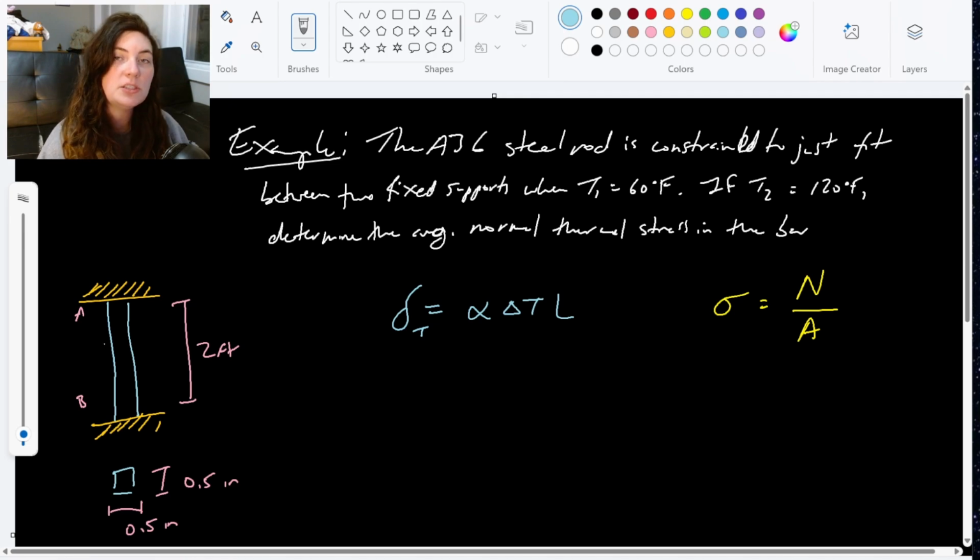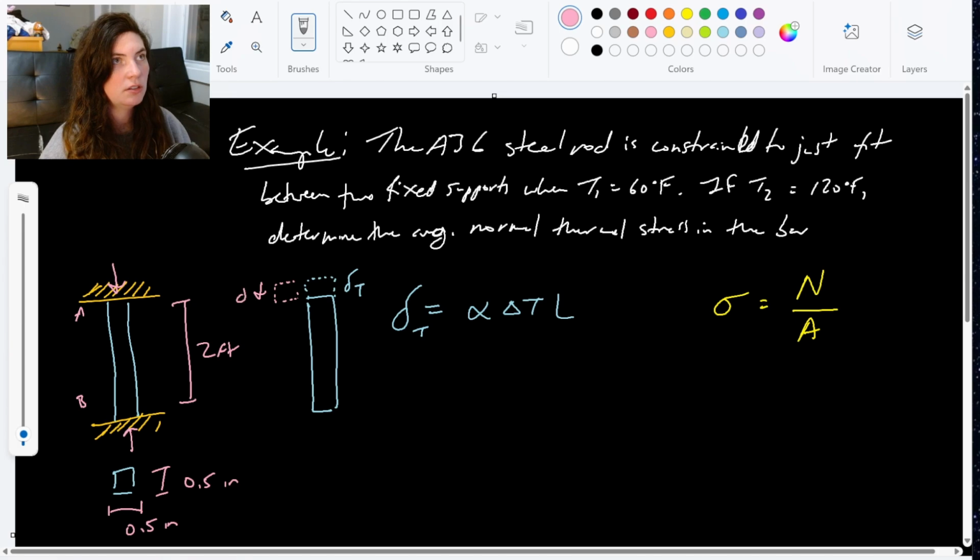Now we'll notice, since we're fixed between these two supports, we're again going to do a displacement setup, right? So we know that our displacement thermally, if it's expanding thermally, say here's our bar, and it's expanding thermally, so this would be delta T, then those reaction forces are what's going to bring it back down, right? Bring this back down by loading so that it stays exactly constrained, right?